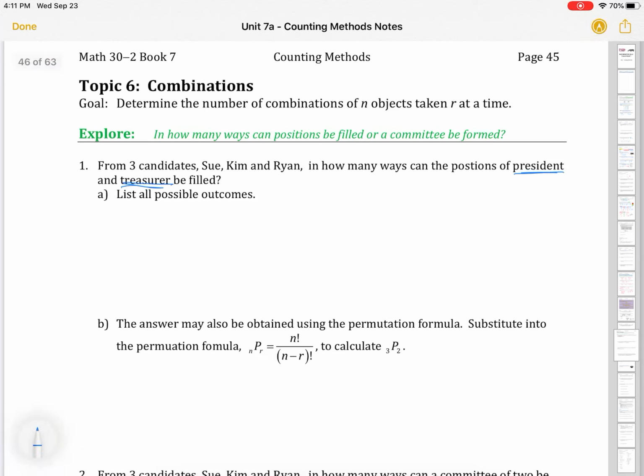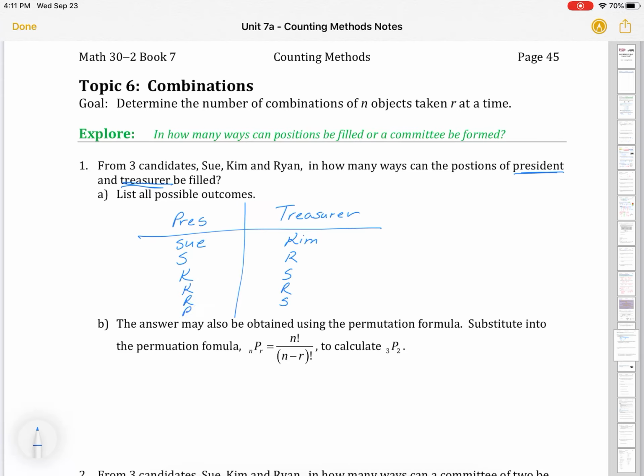So number 1, from 3 candidates, Sue, Kim, and Ryan, in how many ways can the positions of president and treasurer be filled? So we're filling the positions of treasurer and president. So let's just list our possible outcomes. If we have president and we have treasurer, we could have Sue as president and Kim as treasurer, Sue as president and Ryan as treasurer.